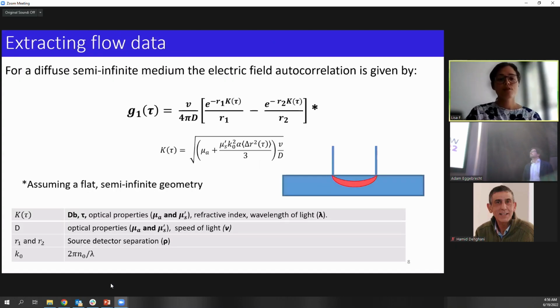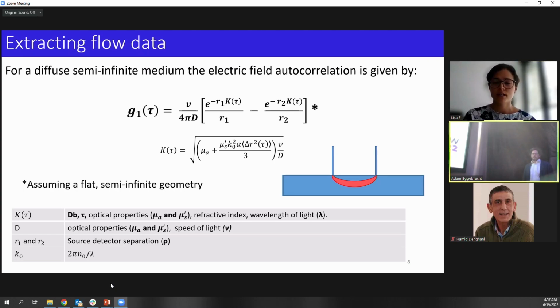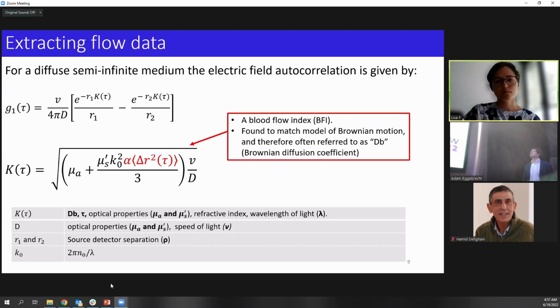So for a diffuse infinite medium, the electric field autocorrelation, or G1, is given by this equation that's highlighted in bold font here. We see that it's an equation that consists of two different exponential terms, and it also depends on a variety of different parameters, such as the optical properties of the tissue, the absorption and scattering coefficients, the wavelength of light that's used, etc. But the blood flow information is encapsulated within the term K, and I've highlighted the term that is related to the blood flow in red.